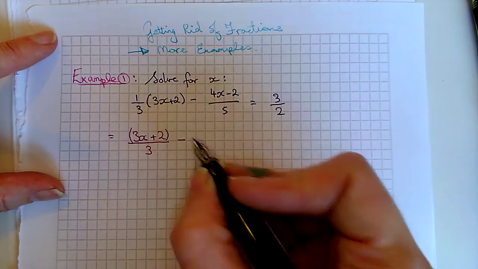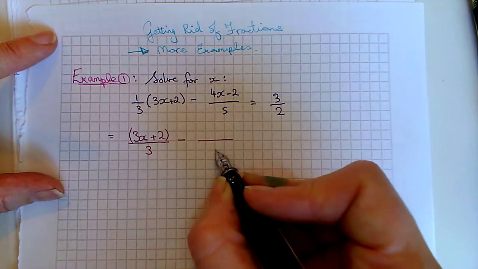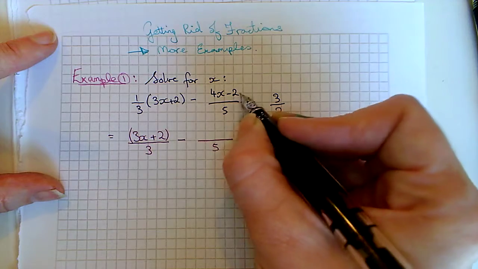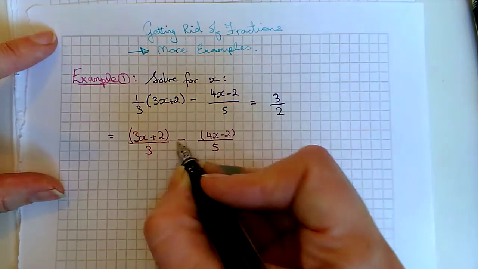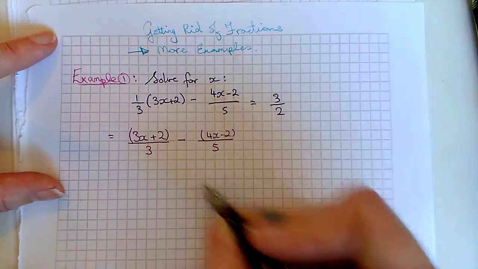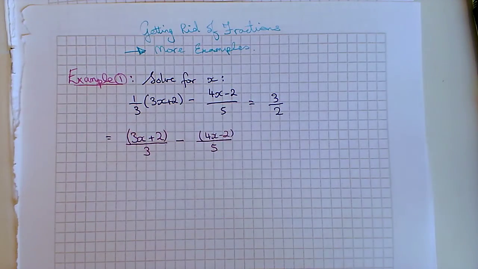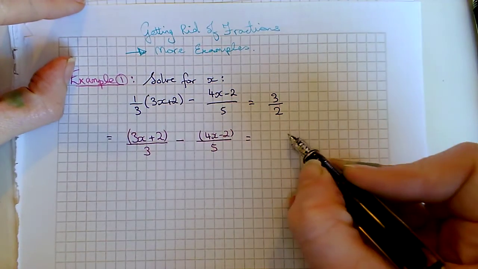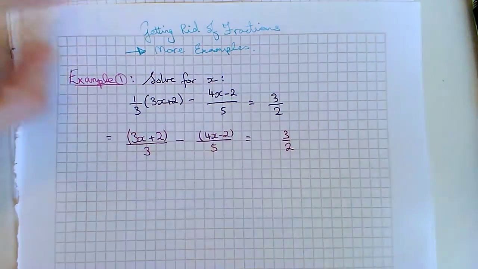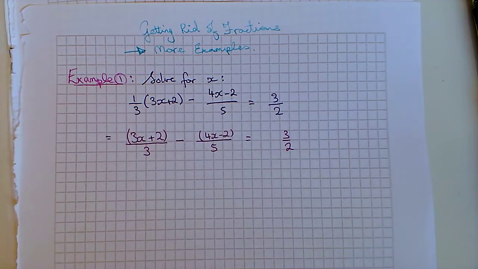The second thing I'm going to do is put all of this into brackets as well, because the minus that's here applies to the whole term. It applies to the 4x minus 2 over 5, the whole thing of it. And I don't do anything on the other side, 3 over 2. So I rewrite my equation like that, because if I keep writing my equations in a standard way, it's going to be much easier for me to solve it.